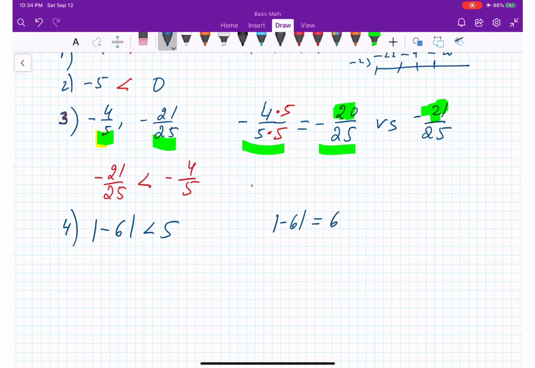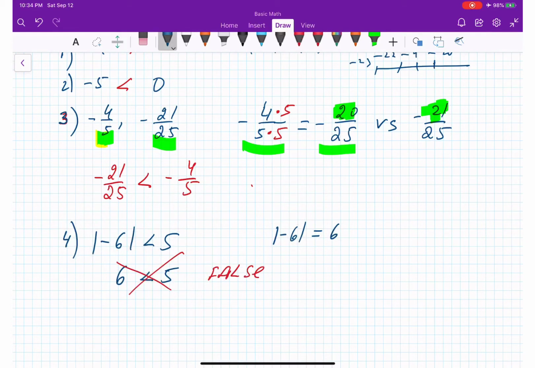This way, we can say that 6 cannot be less than 5, which is false. The question was, is it true that the absolute value of negative 6 is less than 5? The absolute value of negative 6 is positive 6, therefore positive 6 cannot be less than 5.